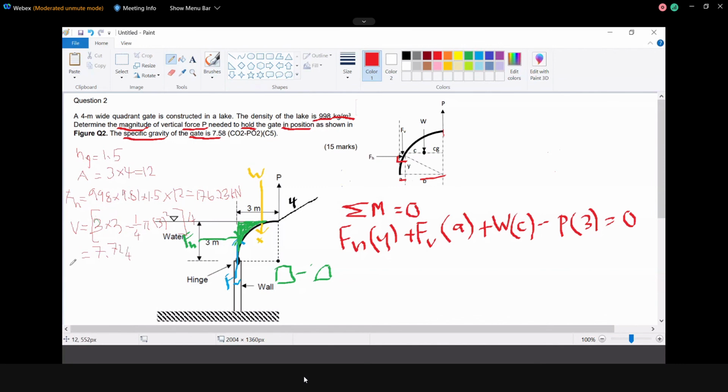Okay, and then you can calculate the FV. FV ialah rho GV. Okay, it is, don't forget, dia 998 darab 9.81 darab dengan 7.724.